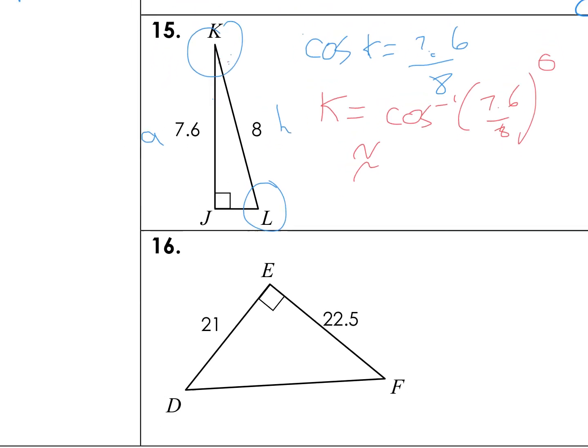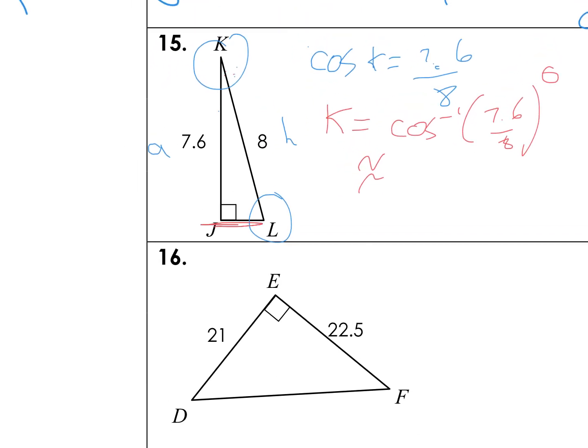And if you want to find JL, that's opposite of K. So I could say sine of K must be JL over the 8.